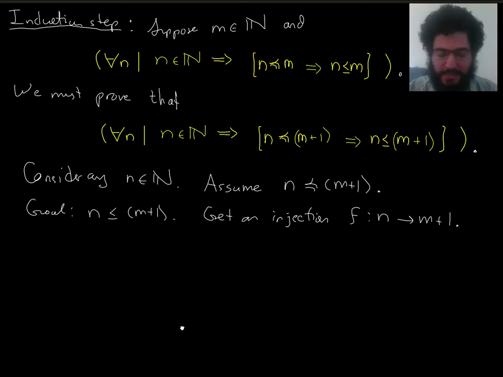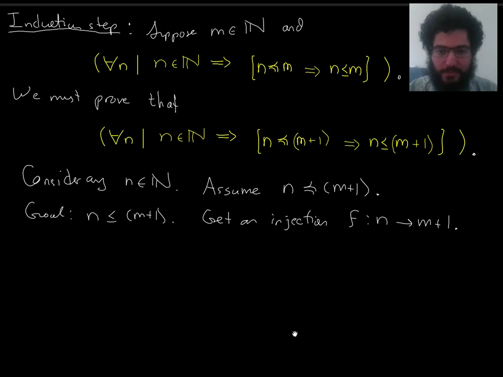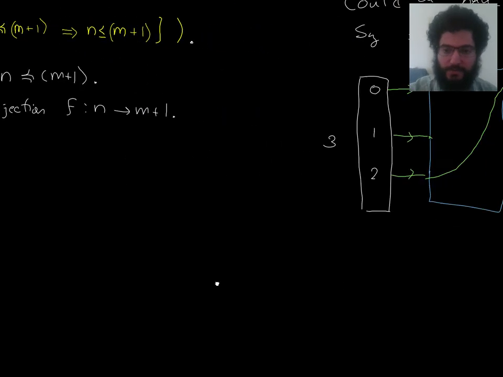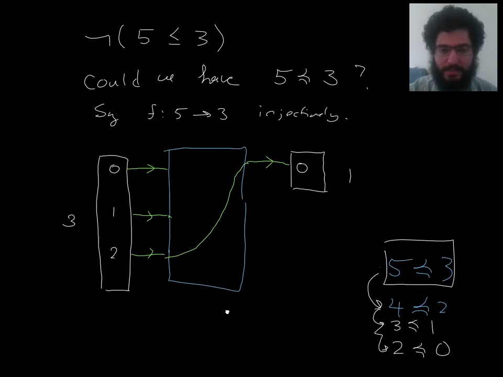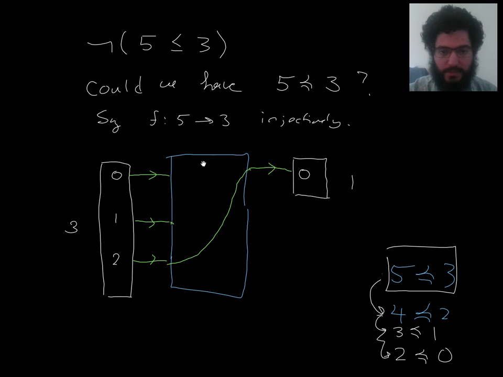Now I think it's time to draw a picture to try to decide what to do next with this f. Because our original plan from last time involved, let me show you the picture from last time, a box. So this is after lots of modifications, but we had a blue box that represents f, which is some unknown way of mapping things from the left side to the things on the right side.